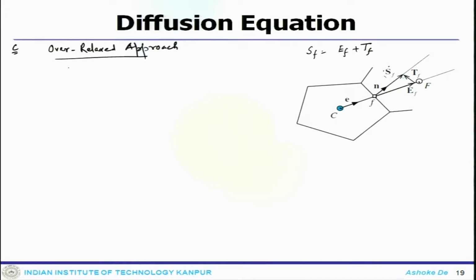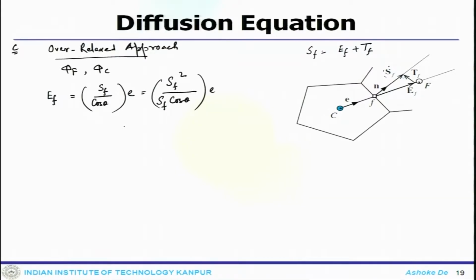The terms which are very important here are phi f and phi c. Mathematically, we can get EF equal to SF by cos theta E, which is SF square divided by SF cos theta E. One can write SF dot SF divided by E dot SF E.